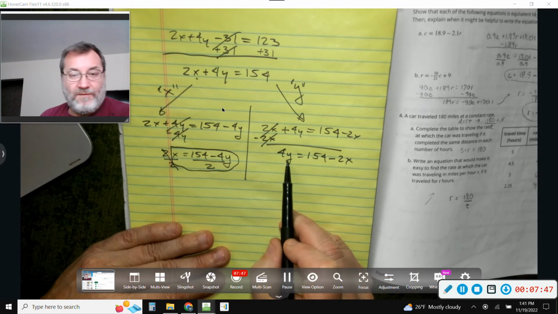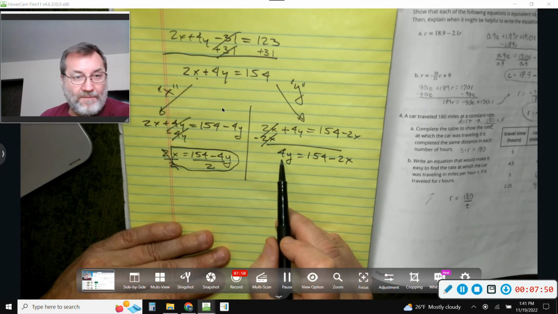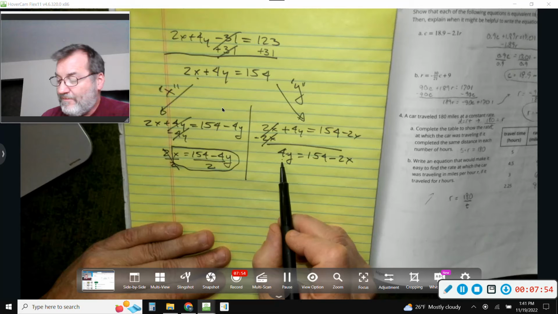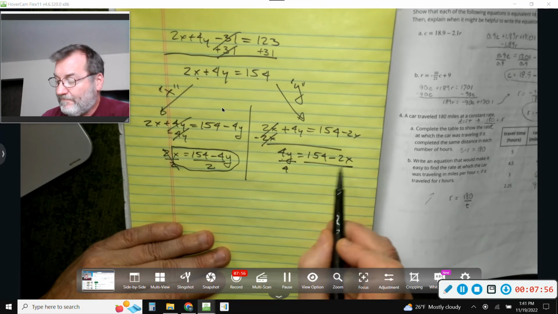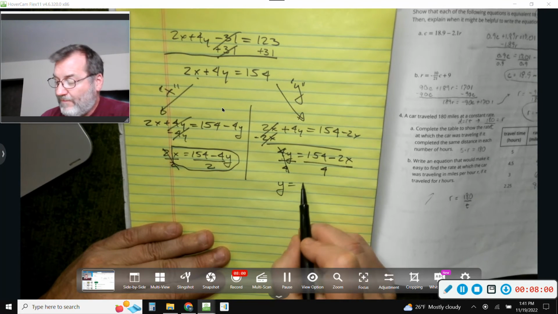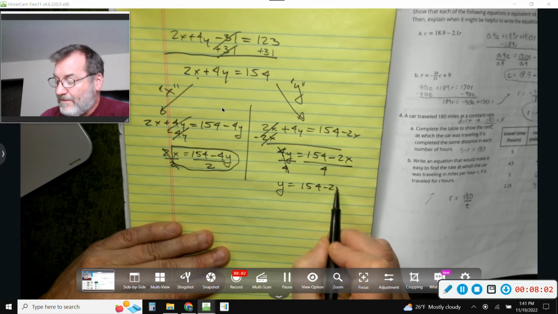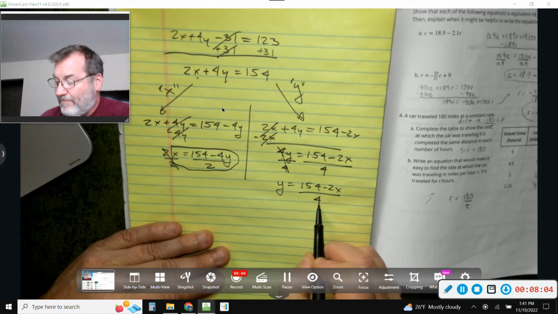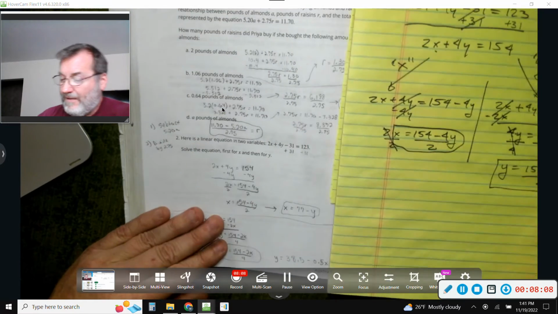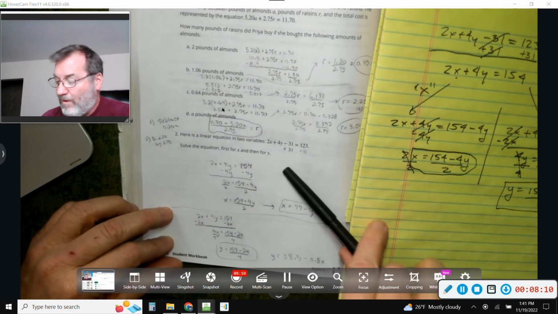Again, I'm looking for just a single y, but I got 4 of them. So I have multiplication happening there, so I have to divide by 4. Cancels out. And what do I get? Well, y equals (154 minus 2x) divided by 4. So there's your two equations for solving for x and y.